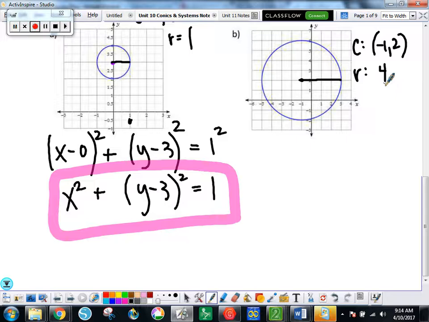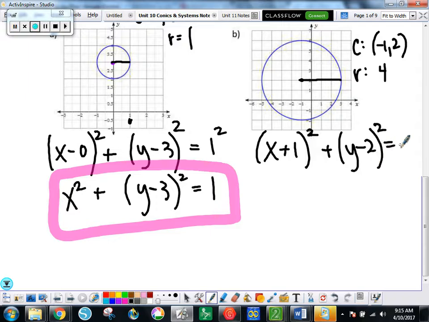All right, so the equation would be what? X plus 1 squared, because it's the opposite of negative 1, plus y minus 2 squared equals 4 squared, which is 16. You have to remember to square that.